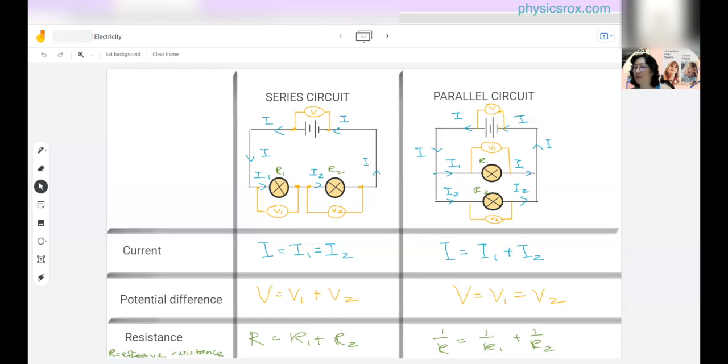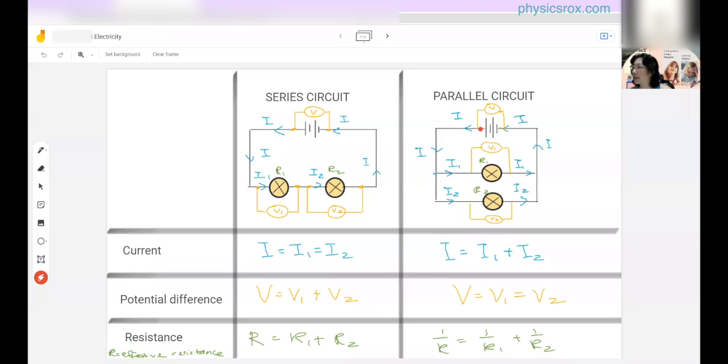Let me just use my laser pointer. You can see how this point includes these points and then these points and goes back. So it's inclusive like that. Something's wrong with my connection, my mouse is not smooth. So that's why V is V1 plus V2.